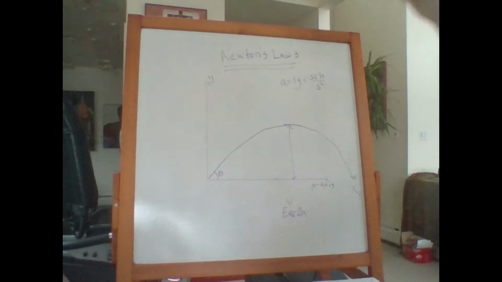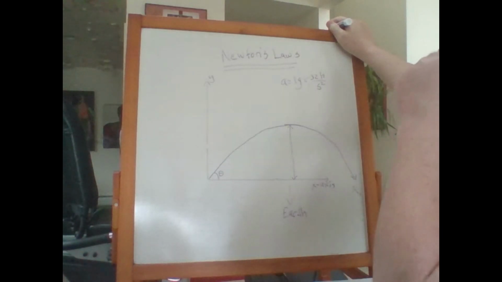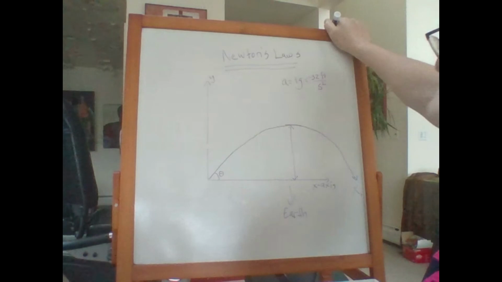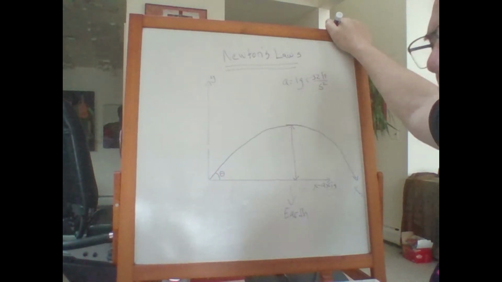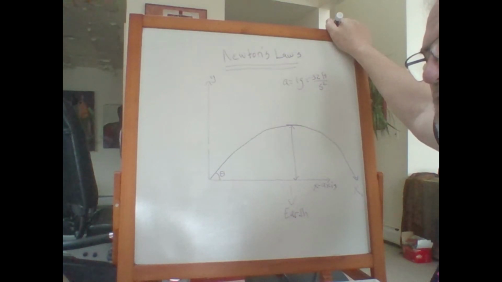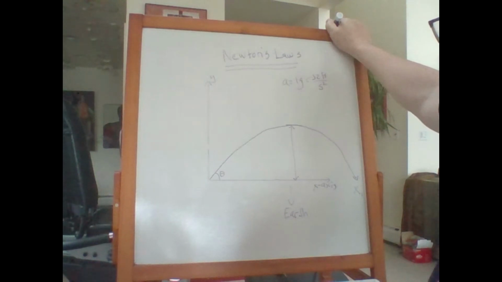Now let's make believe that we brought the cannon with us to the moon, and there's no air on the moon. There's no friction from the air on the cannonball. Friction will slow it down, and friction is proportional to the velocity when we talk about projectile motion.